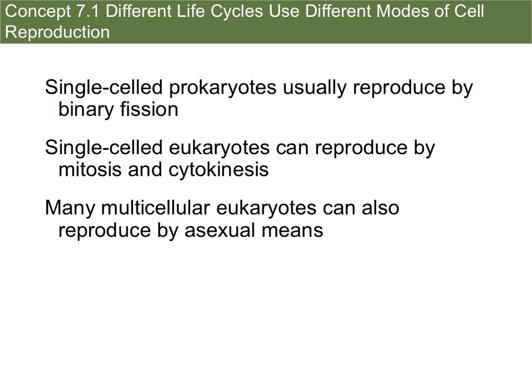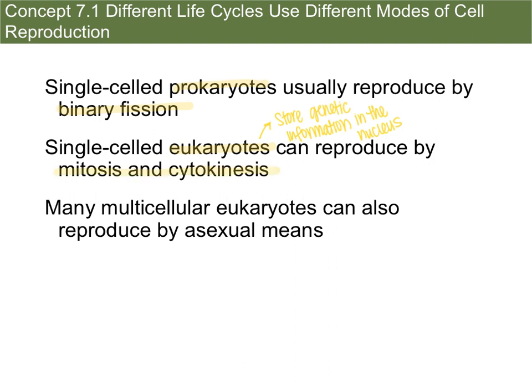Some examples of organisms that reproduce asexually are single-celled prokaryotes. These usually reproduce by binary fission. Single-celled eukaryotes can also reproduce asexually, but because they have a nucleus, they're going to reproduce by mitosis and cytokinesis.